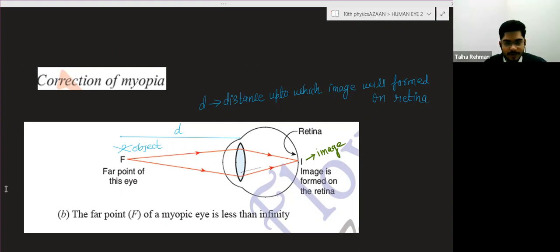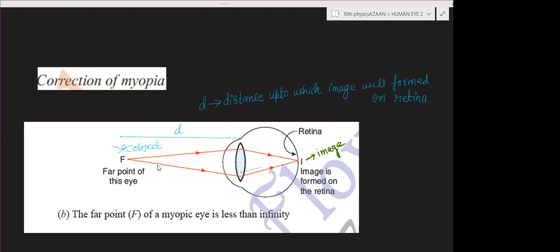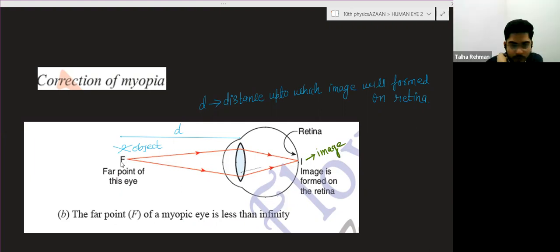So can you tell me why from this object at F the rays are diverging rays? Sir, can you say again? I'm saying why from the object here, here is the object, na? Why from this object the rays are diverging?